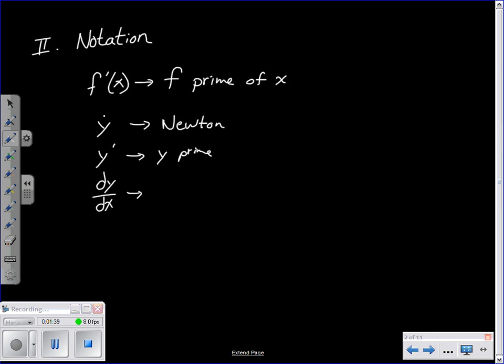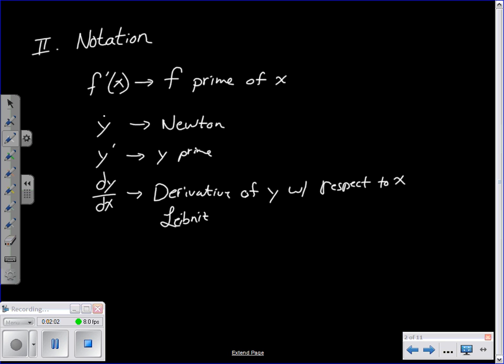And then the last one down here says the derivative of y with respect to x. And this was Leibniz's way of notating things.